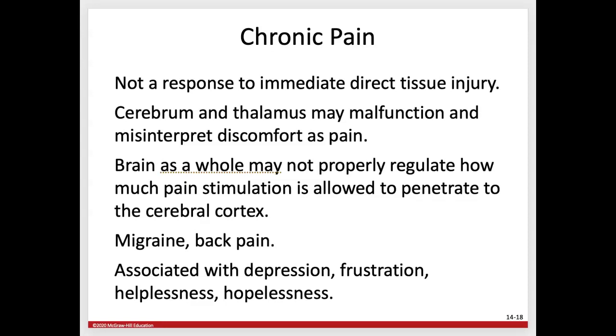Things like migraines and back pain can actually be misinterpreted by the brain, and you may very well feel like you're in pain, but it's partly because the brain is just misinterpreting that information. Chronic pain can be associated with depression, frustration, helplessness, and hopelessness as well, and those conditions will contribute to chronic pain.